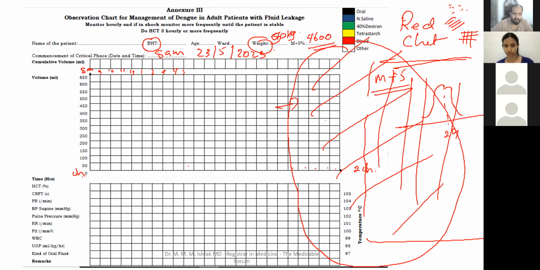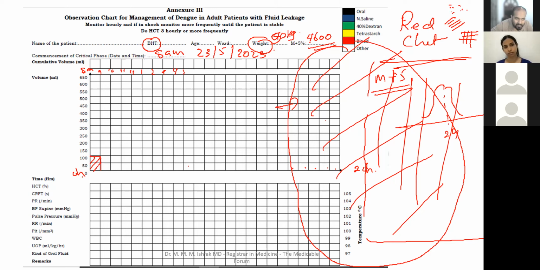So how do you mark? Let's say from 8 to 9, you have given 100 cc IV. So this is how you mark it, 100 cc IV.